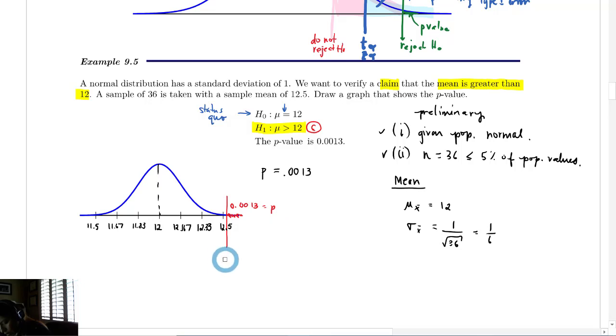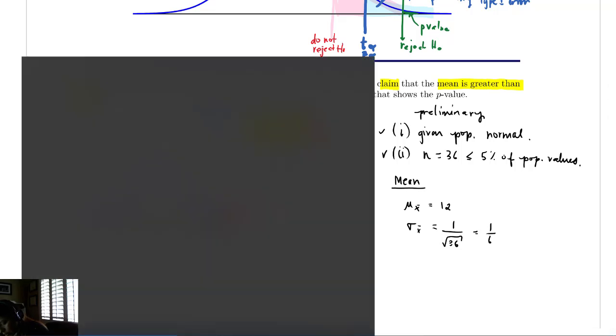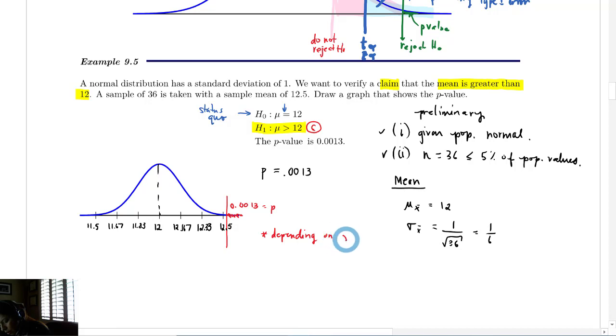Okay, and so depending on alpha, we use p to, again, reject or not reject.